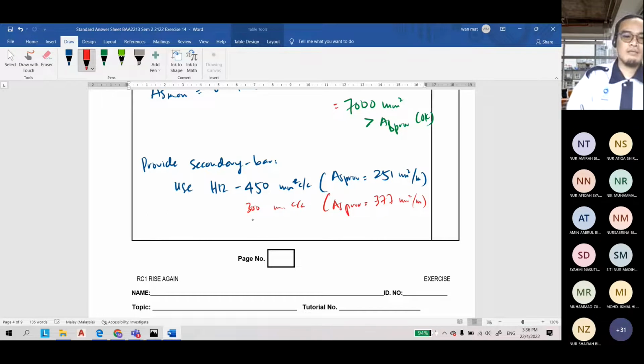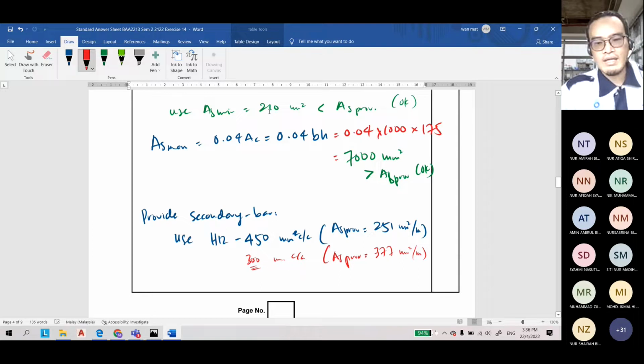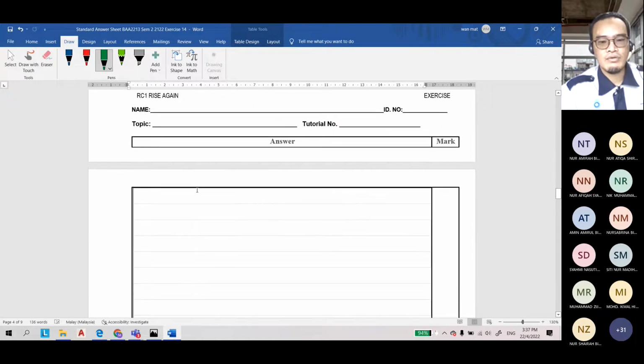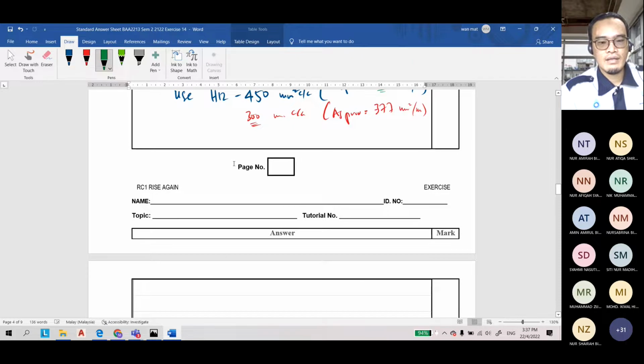This is okay, but it is uneconomical, because we have more steel bars as the spacing is closer. As long as this is larger than As minimum, because our As minimum is 210 and we provide 251, it's okay.